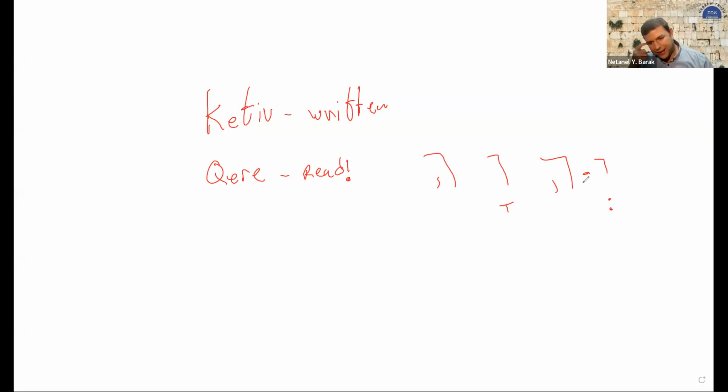We read it as Adonai, right? This is a difference between the way the word is written and the way that this word is read. This is a perpetual Qere. We don't have to have that remark every time, because we know there is a rule for every time we have it.